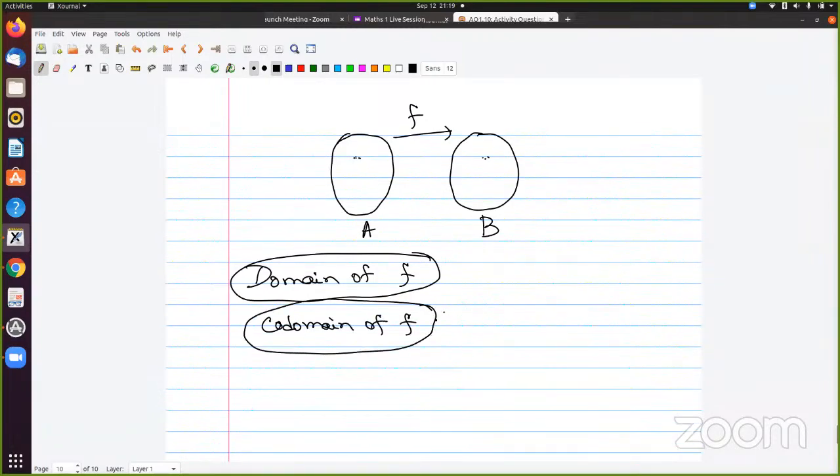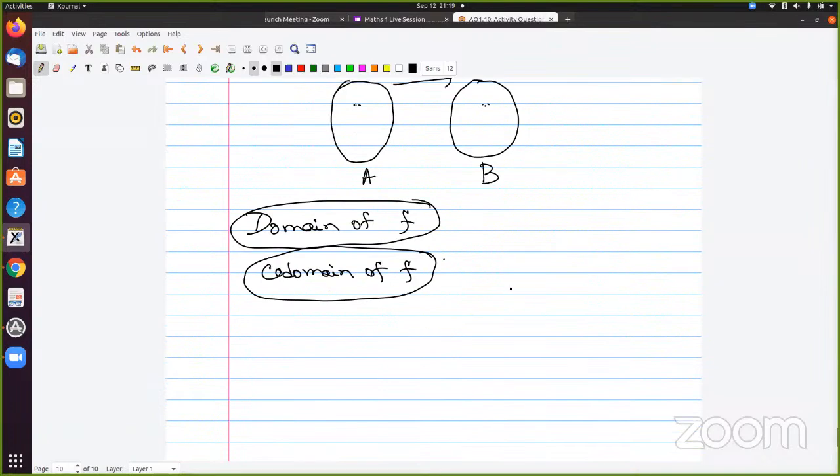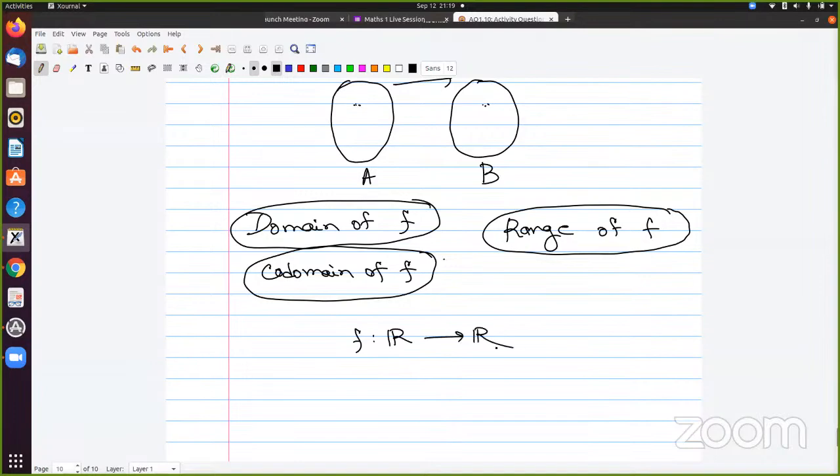Let me give you an example. And the set of outputs is basically the range of a function. So there are three things: domain, codomain, and range. Suppose I am giving you the first example, f from R to R, f(x) = x square. What does this notation mean?